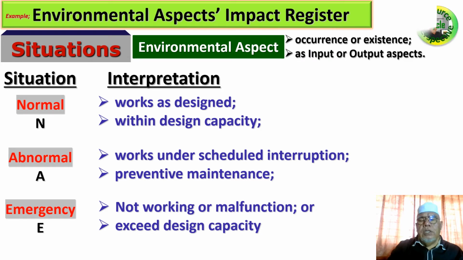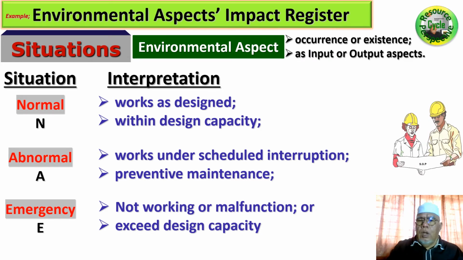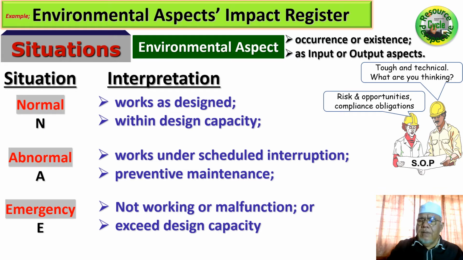A normal situation is when our activity, whatever it could be, a process in production, in administration, or in the warehouse, is operating as per design, working as per desire, based on its capacity, its limitations, its maximum capability.